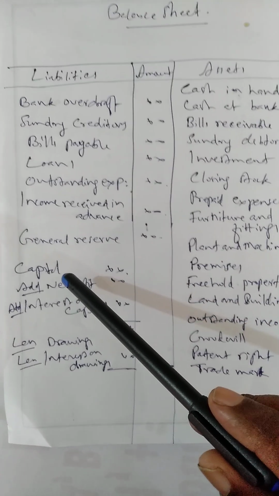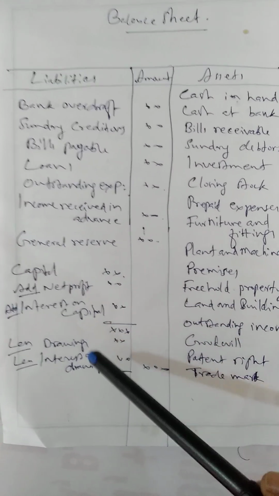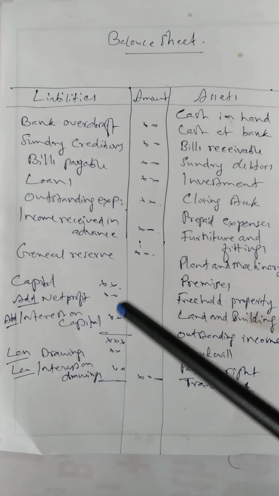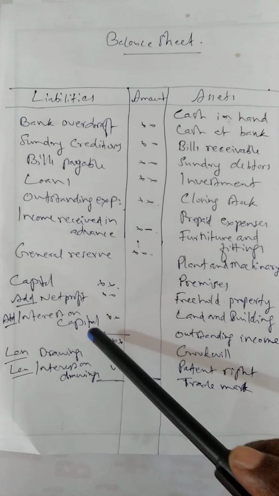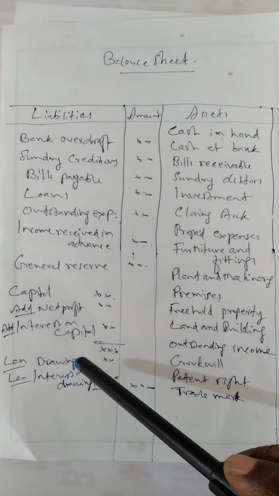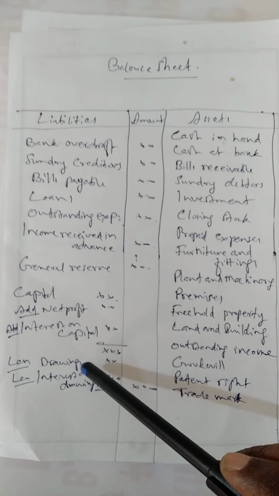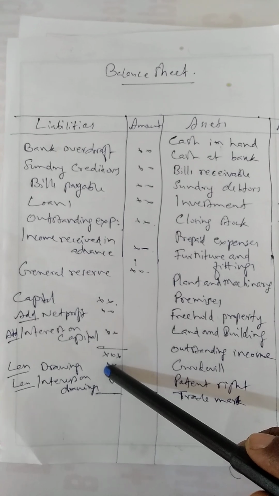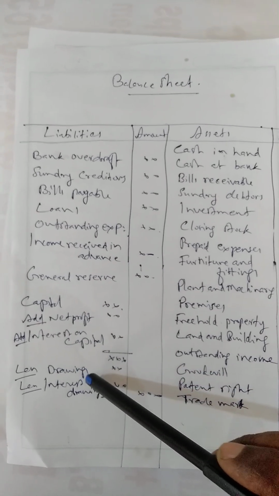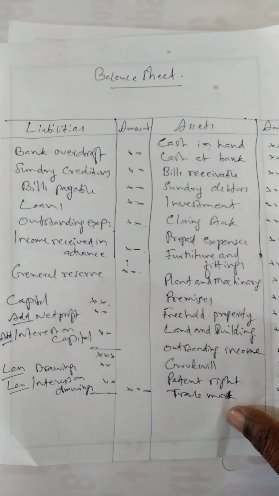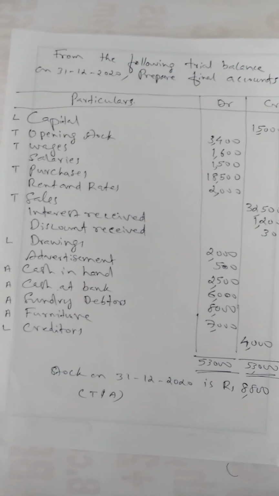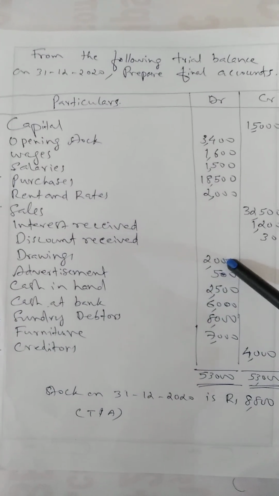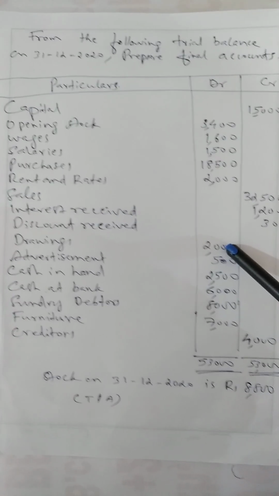It is capital and deducting drawings out of that, isn't it? When we deduct drawings from capital on the liability side, it means the status of drawings is similar to that of an asset. Deducting an item on the liability side means the status of that item is like an asset. Assets have a debit balance. That is why the drawings amount is shown on the debit column.